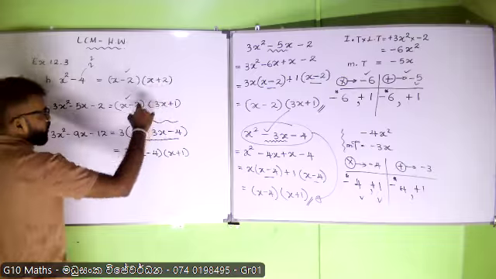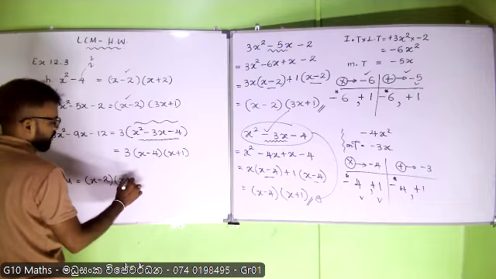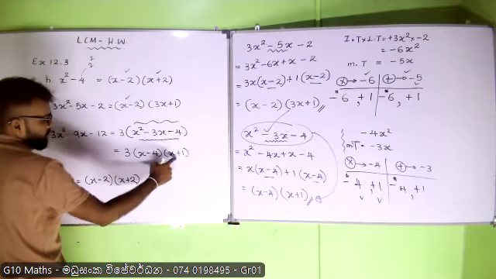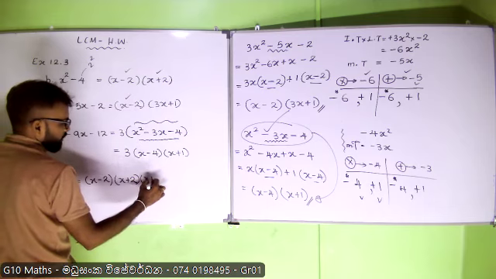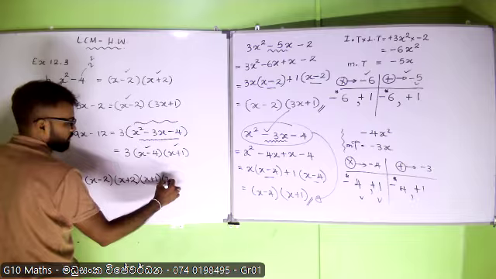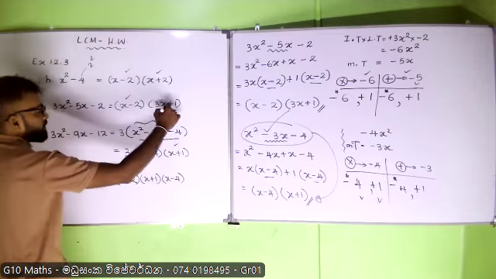And x plus 2. Are there any x plus 2's? No. So this one is done. Here you have x plus 1, and here you have x minus 4. All of them are distinct, different factors. And 3x plus 1.